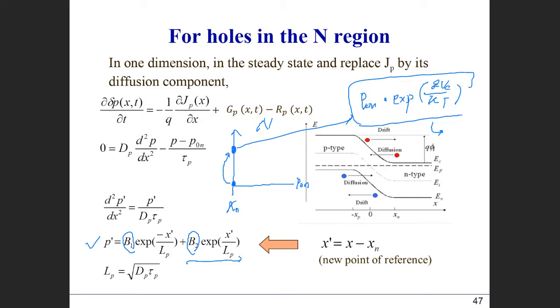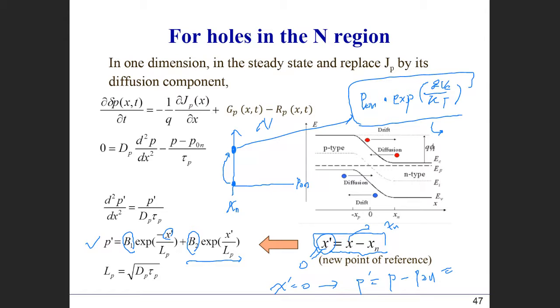So here is the x prime, which we put from this definition. Which means that when x equals xn, x prime goes to 0. So when x prime equals 0, the boundary condition of p prime represents p minus p_n0.